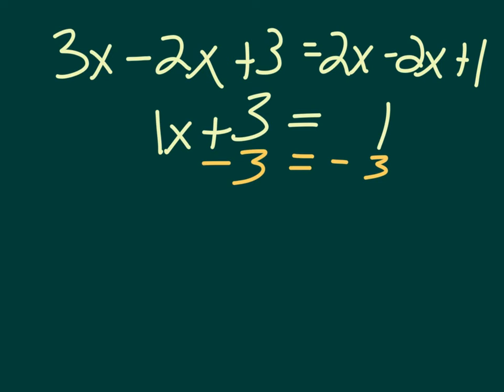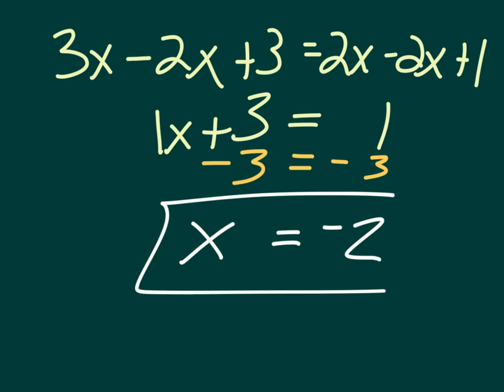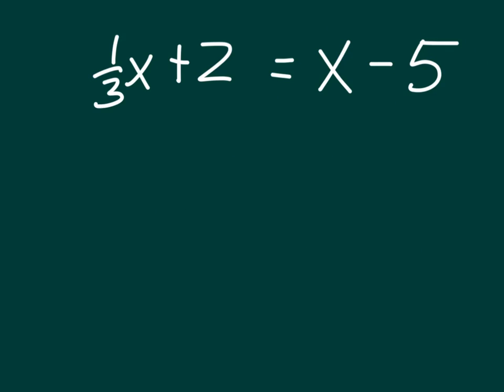So I then have 1x plus 3 minus 3, leaves me just with x equals, and on the right-hand side, 1 minus 3 is -2. Multiple step problem, finally solved down to just one solution.